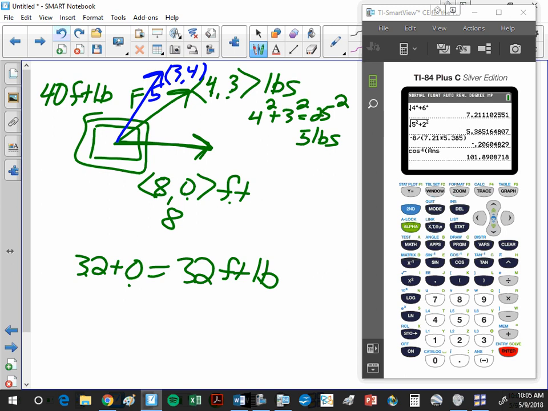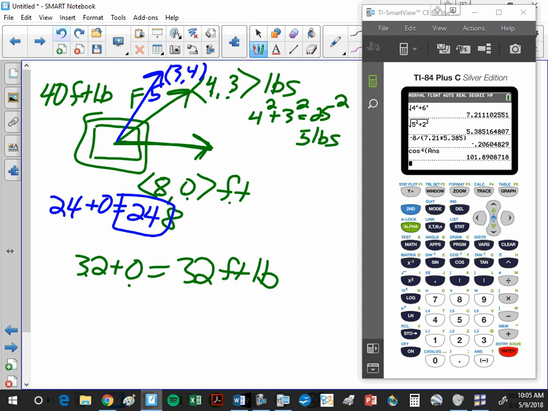If I changed my vector to 3 comma 4, I'm still pulling with the force of 5, but now I'm pulling at a worse angle. 3 times 8 is 24 plus 4 times 0 is 0. And now I have done the work of 24 foot-pounds. So of my 40 foot-pounds of energy exerted, I only actually did 24 foot-pounds of work.